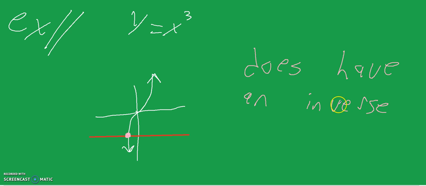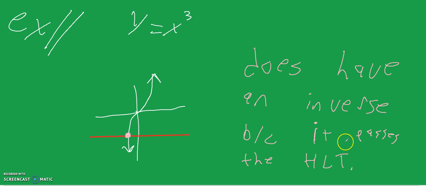The function y equals x cubed does have an inverse because it passes the horizontal line test, HLT for short.